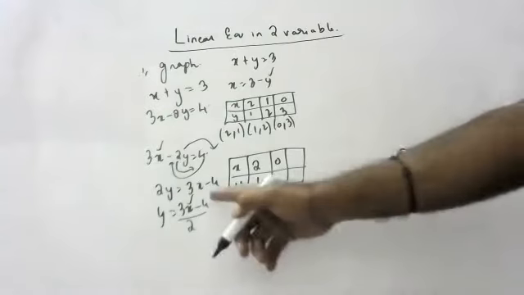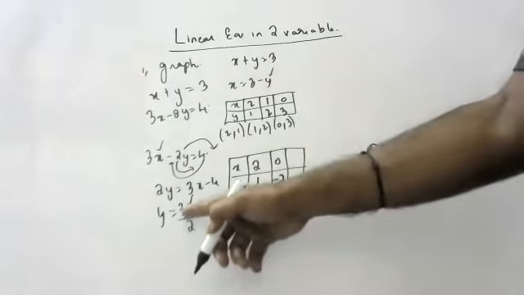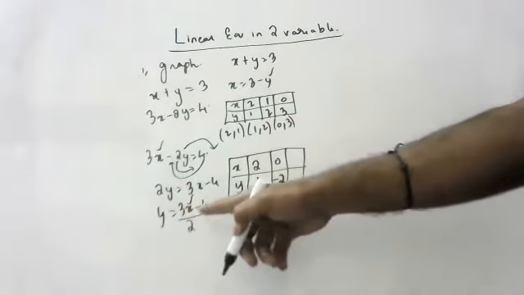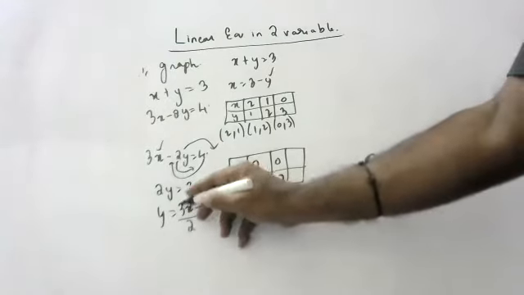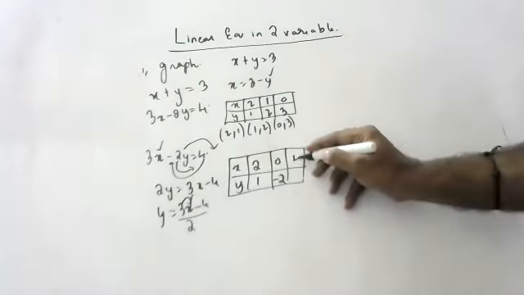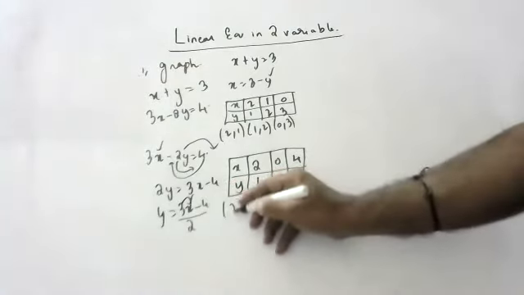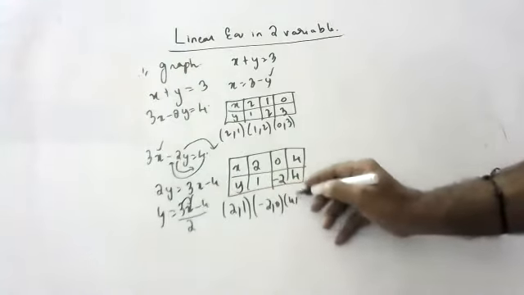Minus 2. Suppose you may ask 3 is not possible, so points will come, so I will put x equal to 4: 3 fours are 12, 12 minus 4 is 8, 8 by 2 is 4. So here also we got coordinates: 2 comma 1, minus 2 comma 0, 4 comma 4.